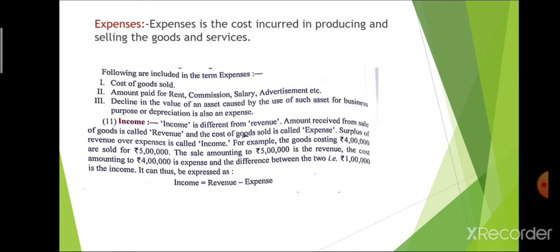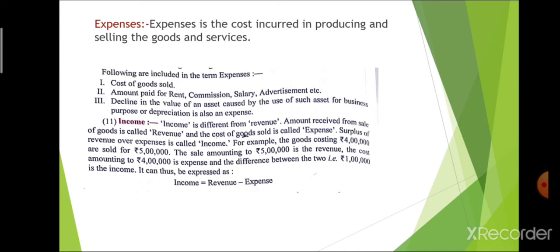The next term is income. Income is different from revenue. So, first of all, we will have to know what is revenue. If we produce some goods and we sold those goods, after selling, we receive some amount. That amount is called revenue.